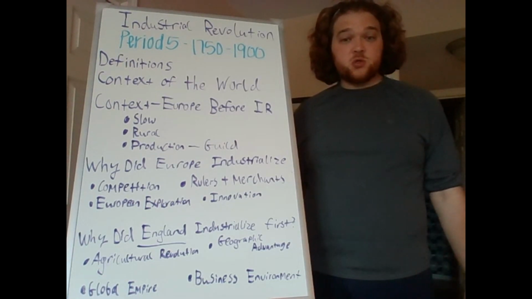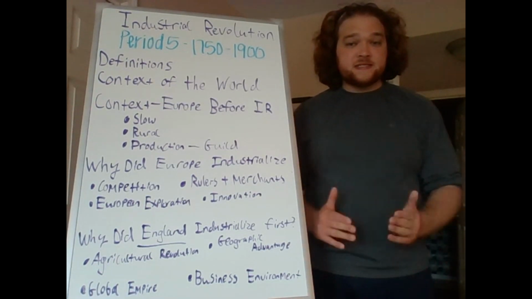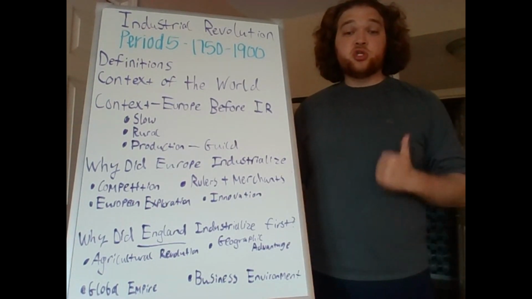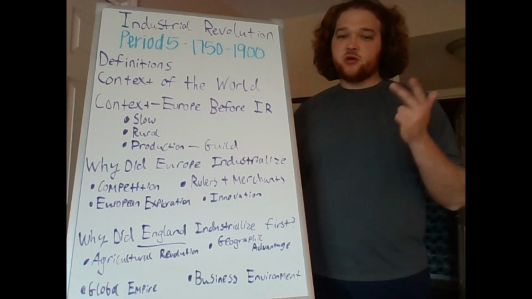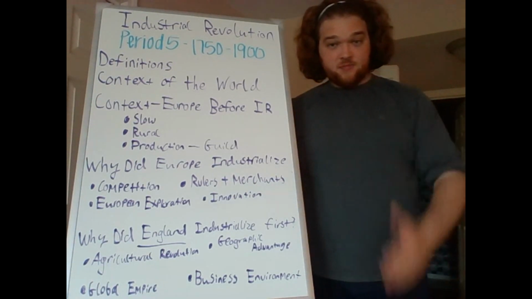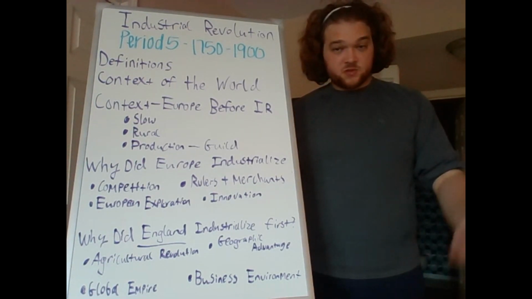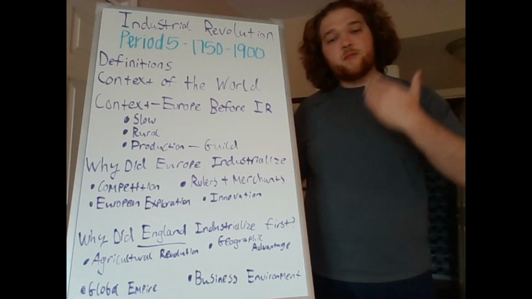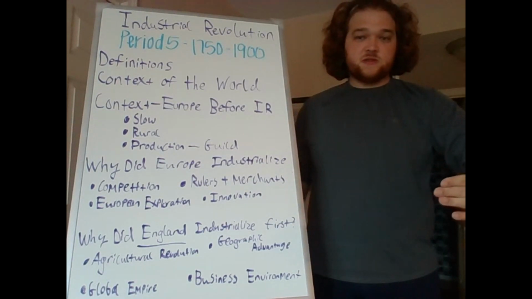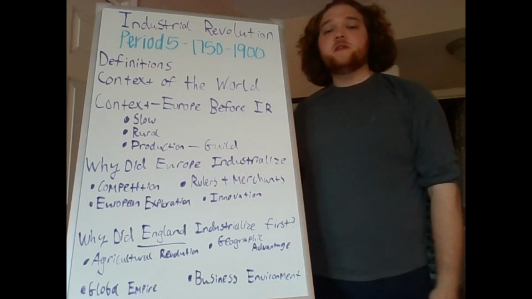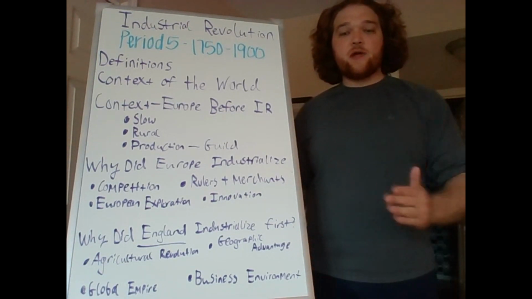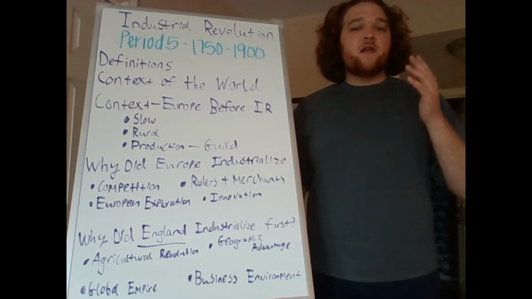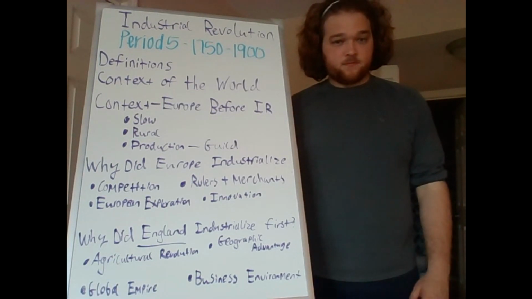Now what these colonies do is that, as we talked about with the mercantilist system, these colonies produce cheap raw resources that could be used in factories, specifically cotton, sugar, and tobacco. Cotton being used to make clothes. So raw resources that could be used in factories to make finished goods. Not only that, these colonies were places that Europe could then sell their finished goods. So there was a guaranteed market or place that people could buy goods.